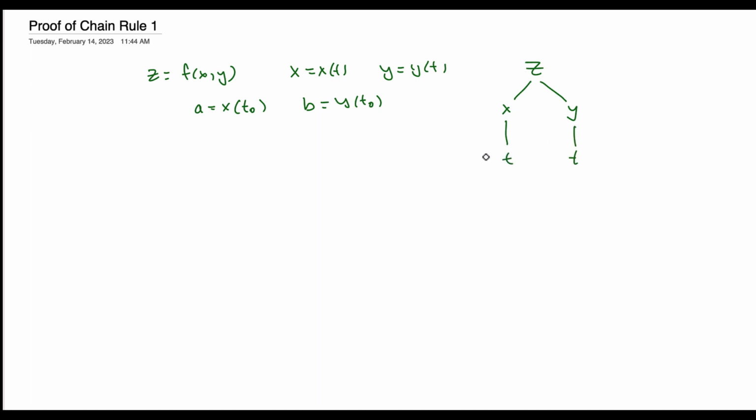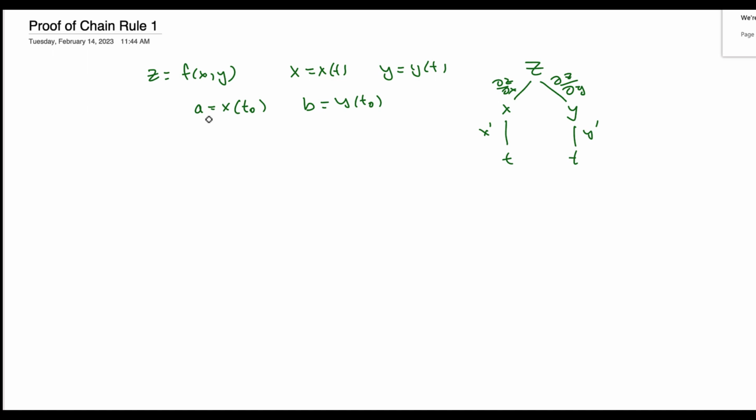So we find the partial with respect to x and the derivative of x with respect to t and multiply them together, and then the partial with respect to y and the derivative of y with respect to t and multiply them together, and we add them up. But can we explain this through the definition of the derivative?